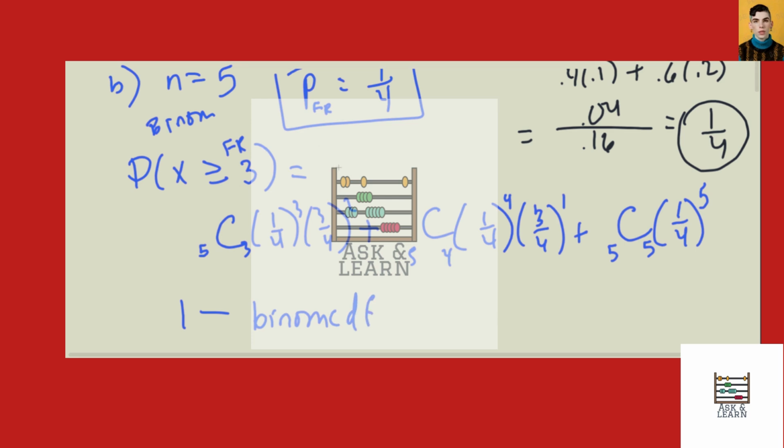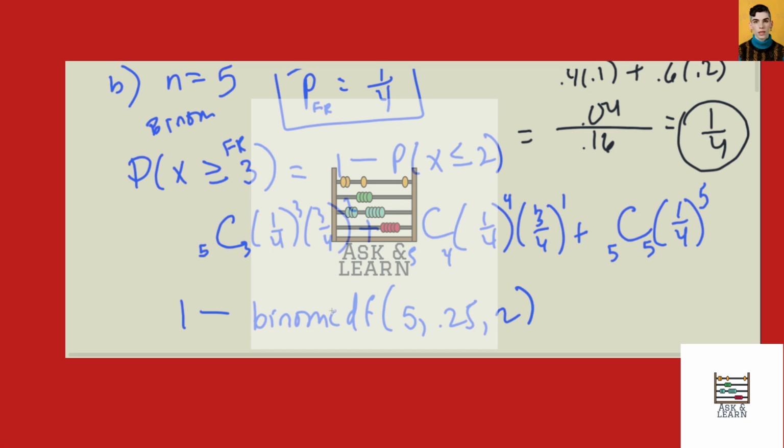This complement is 1 minus the probability that x is less than or equal to 2. And so we can use that CDF button or find 0, 1, and 2, and then 1 minus. But software-wise, it's easy to do it with this button. So that's what I'll type in.